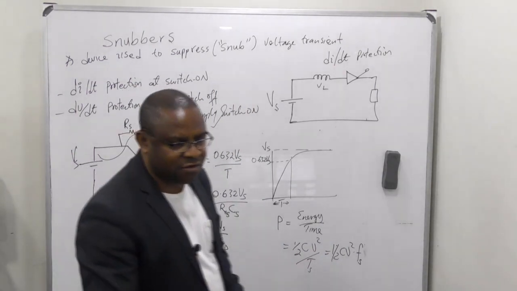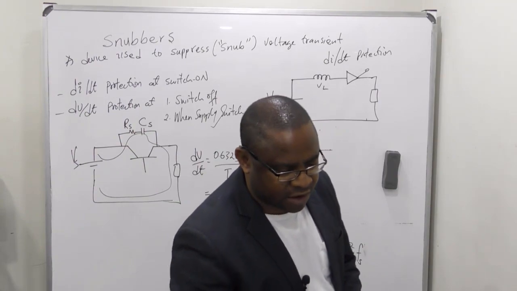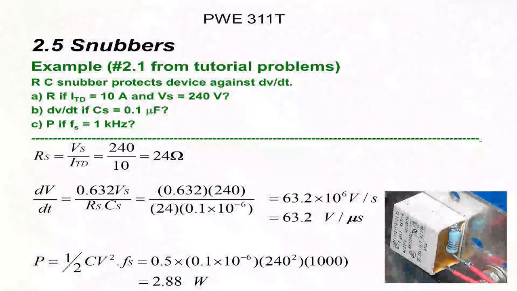Let's look at this example. You have an RC snubber that protects a device against the dv/dt. Calculate Rs if di/dt is 10 amps and the source voltage Vs is 240 volts. Calculate also the dv/dt if Cs, the snubber capacitance, is 0.1 microfarad, and calculate the power if the switching frequency is 1 kilohertz.